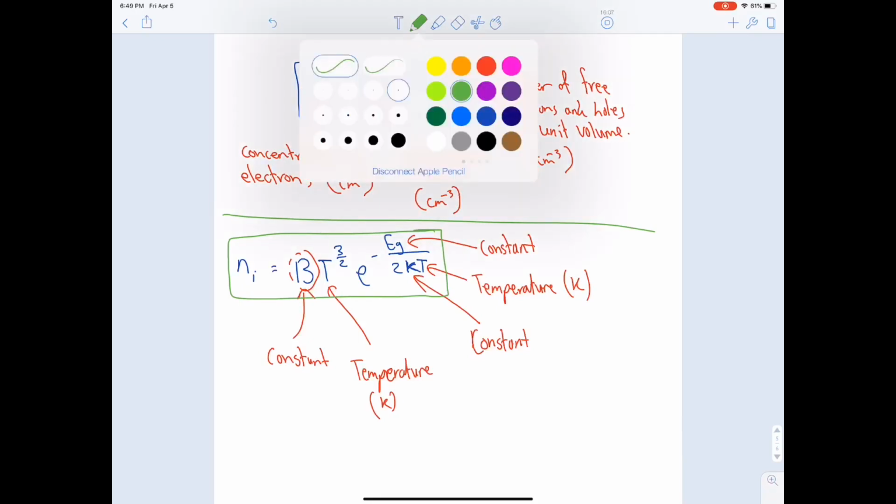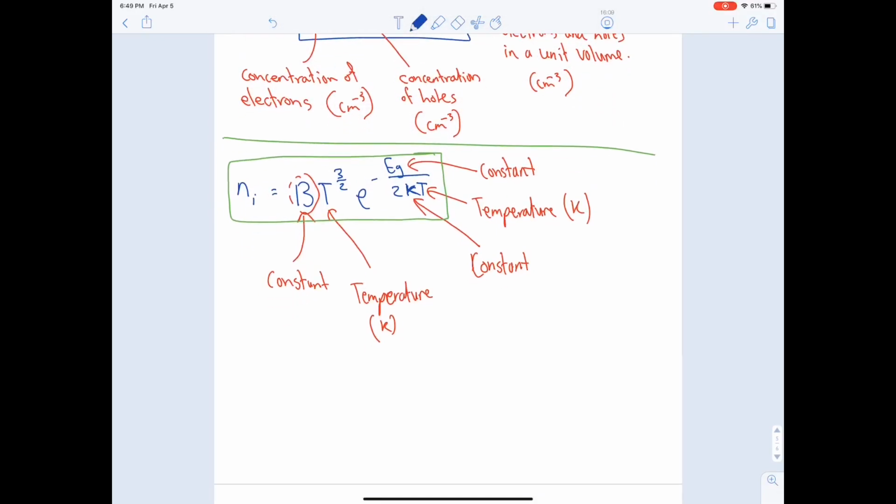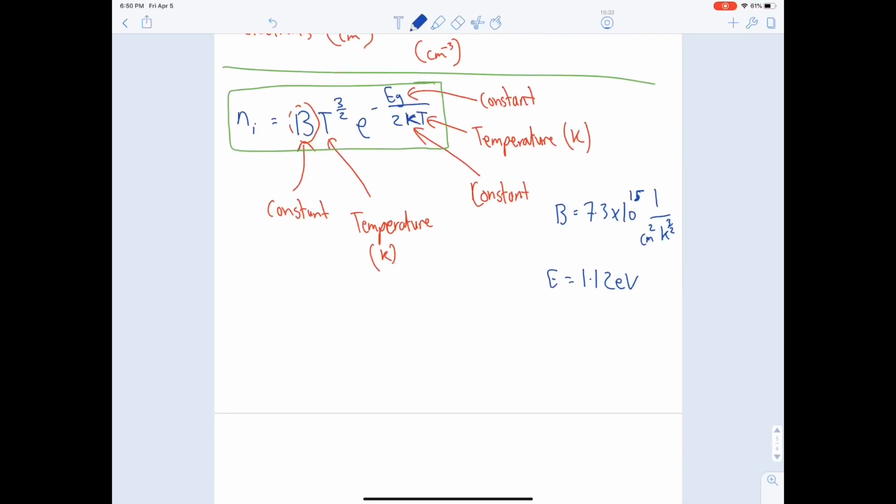Now, the constants should be provided to you in the exam. B is 7.3 times 10 power 15, 1 over centimeter cubed, K to the 3 over 2. Okay. Eg is 1.12 electron volt. And K is 8.62 times 10 power of minus 5 electron volt over Kelvin.